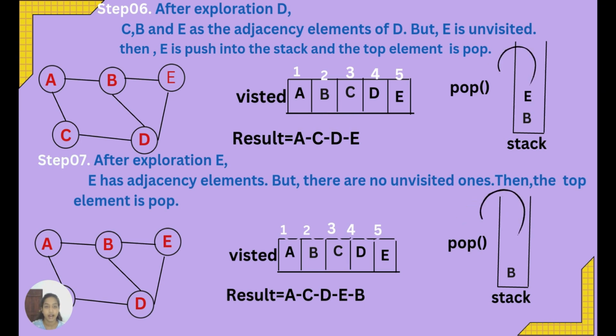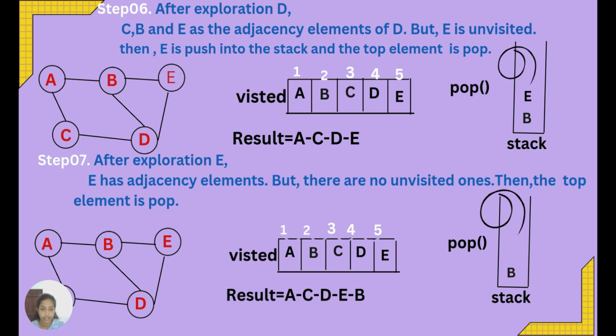Step 6. After exploration of D, C and E are the adjacency elements of D, but E is unvisited. Then E is pushed into the stack and the top element is popped. Visited array A, C, D, E. Result is A, C, D, E. Step 7.